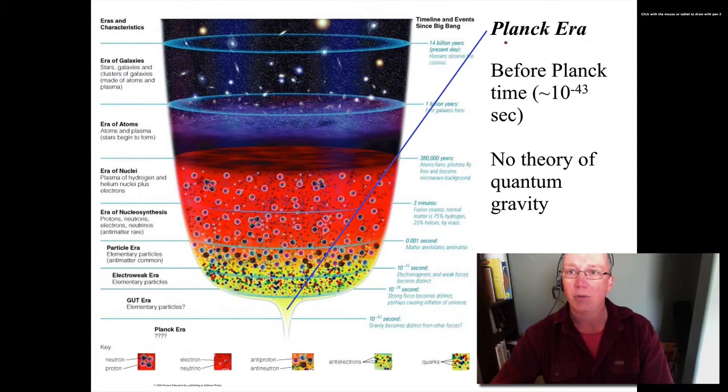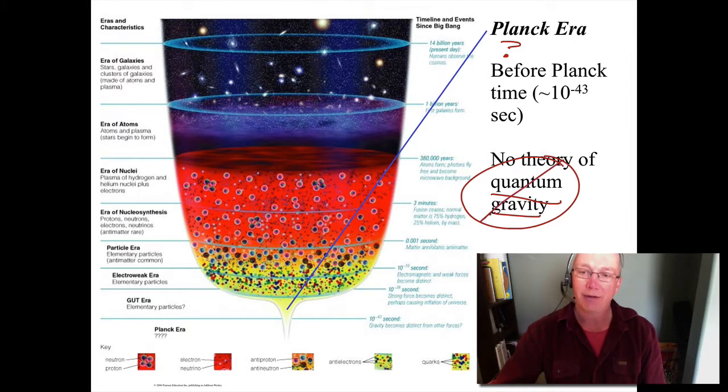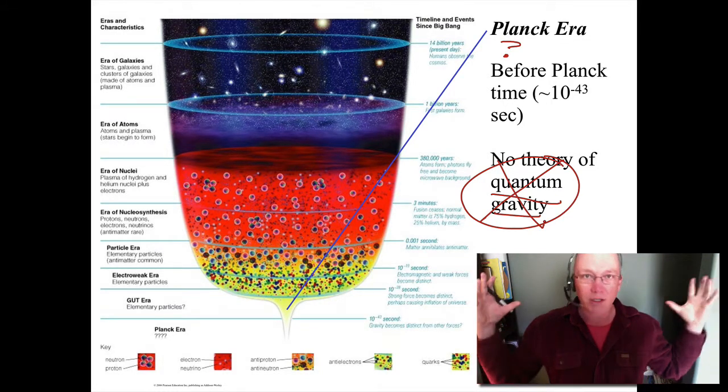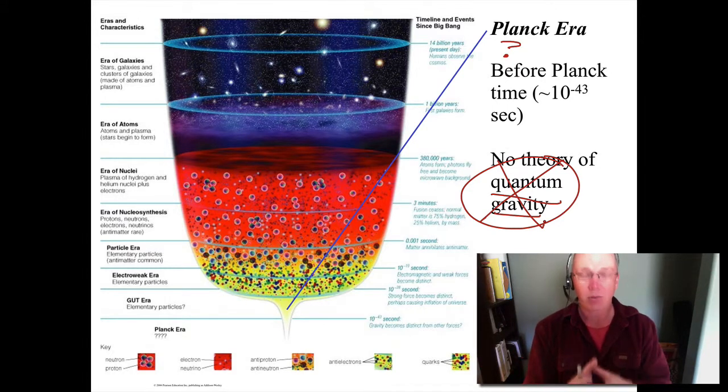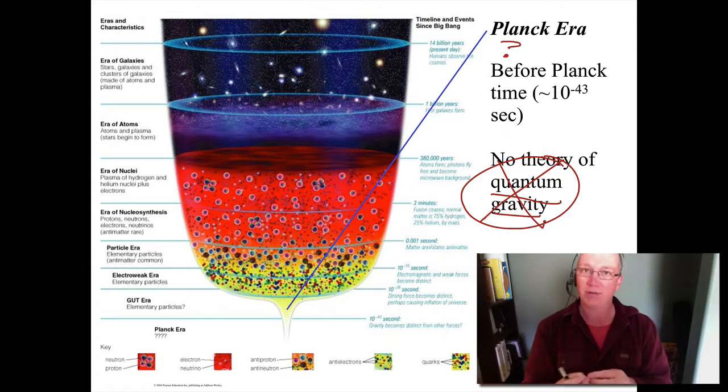Okay, so I put a big question mark here because the problem we have is that the two theories of the universe that work really well, quantum mechanics and gravity, do not play together at this scale. And the reason for that is because quantum mechanics is the study of the very small, gravity is the study of the very big, and when you crush the universe back into such a small area, you now have the very, very massive, the very, very big, occupying a very small space, and the theories just break down.